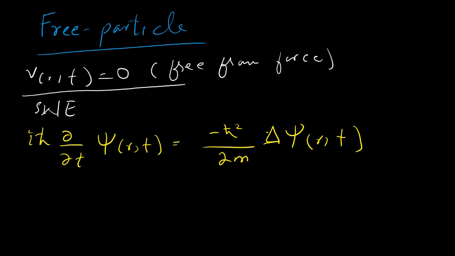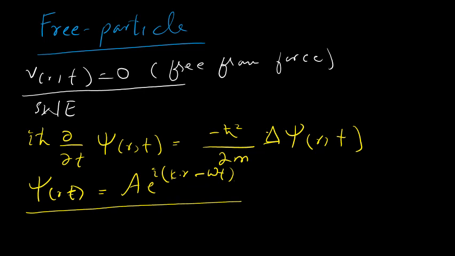So what is the ψ here? The wave function associated with the free particle, ψ(r,t), is equal to A e^(i(k·r − ωt)). This is the solution of the Schrödinger wave equation, the wave function ψ, in this form.